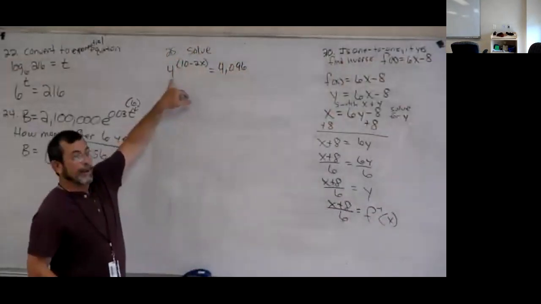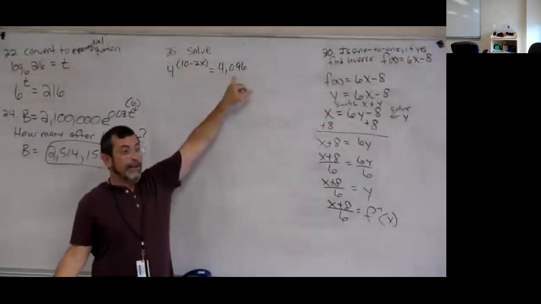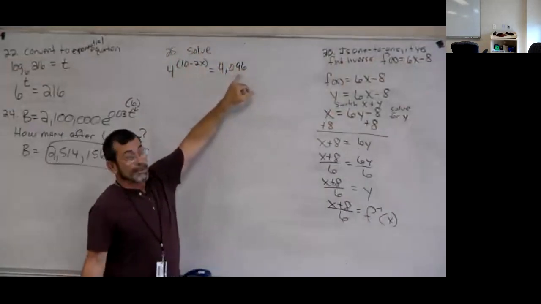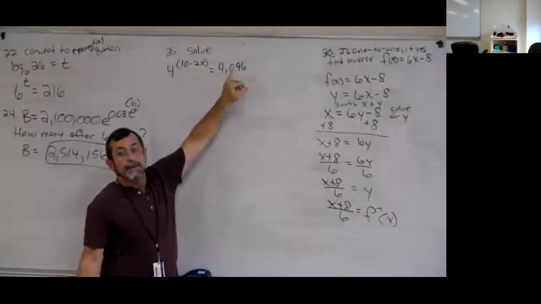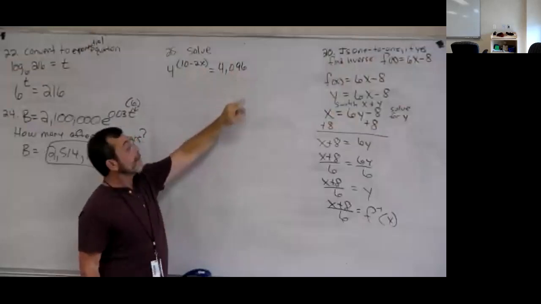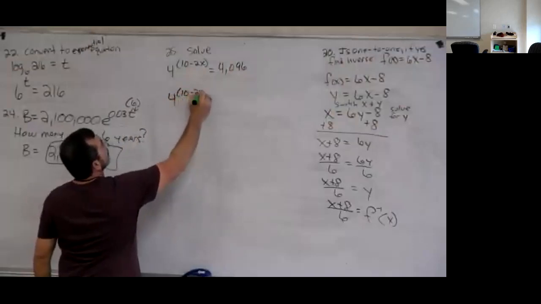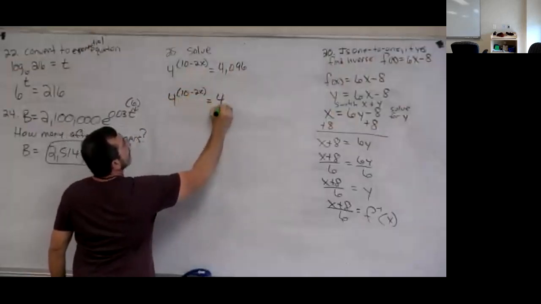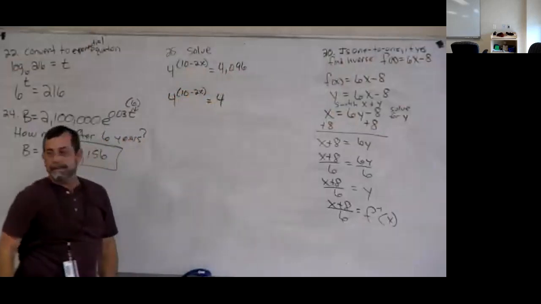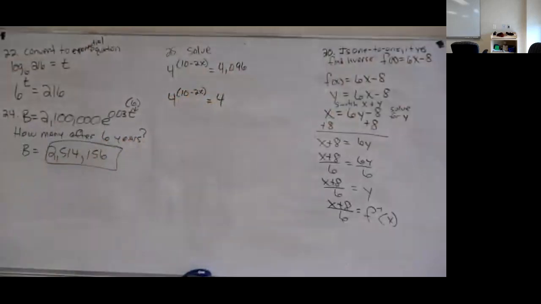That's a base 4 here. I'm gonna see if this number can be written with the 4. But guess what? Since 96 divides by 4, this can be written with a 4. So I'm gonna bring down my 4 to the 10 minus 2x. And it's gonna equal 4 to some exponent. So let's see how many 4s is in a 4,096.